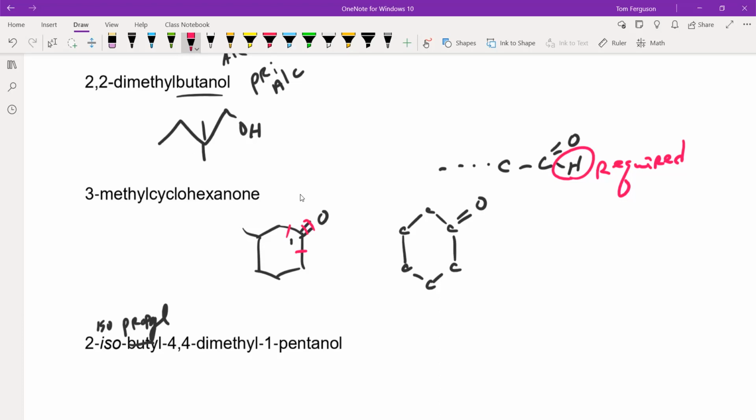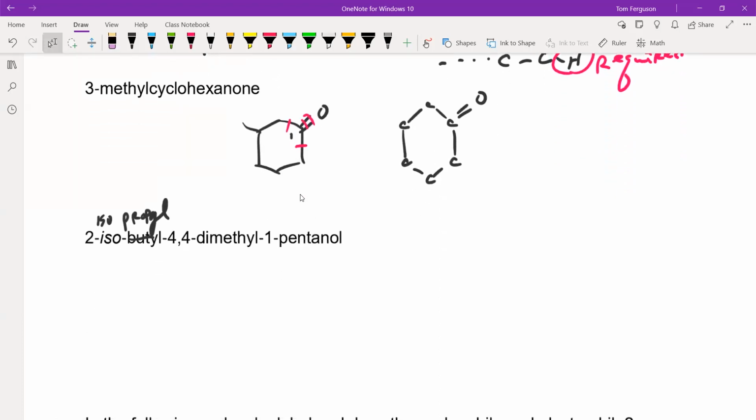All right, so instead of isobutyl down here, we're going to say isopropyl. So we have a pentanol, and it's at first position.